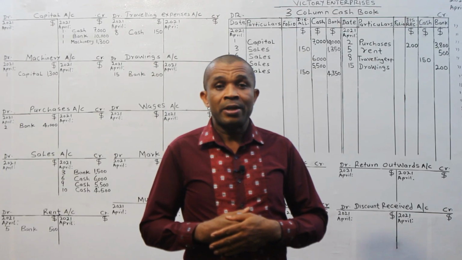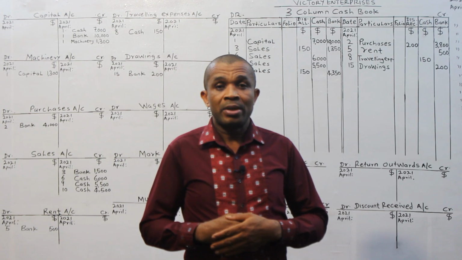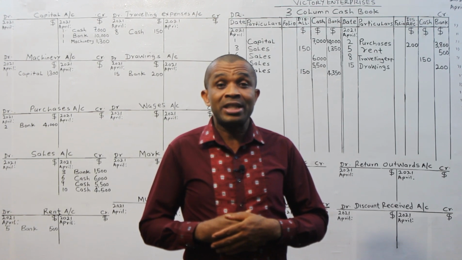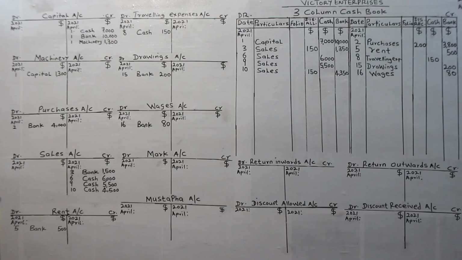April 16th, paid wages with check $80. When wages are paid, the cashier gives out money for wages and is credited, while the wages account that receives the money or the value is debited.